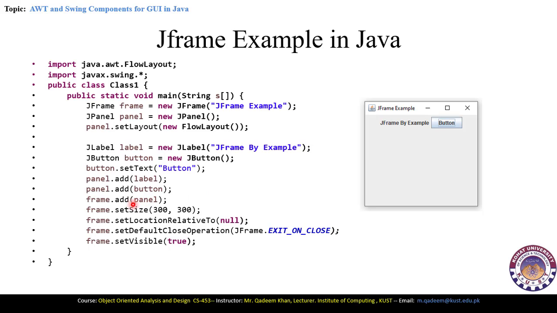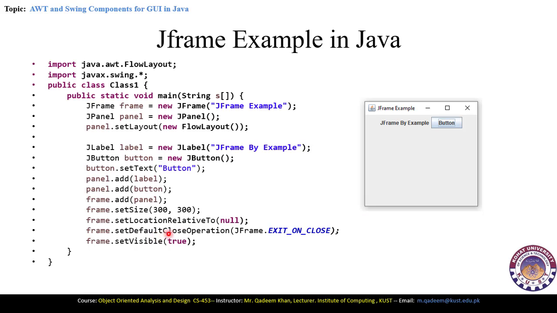When we have added the JPanel inside of the frame, then frame.setSize(300, 300) will set the size of the frame. The first parameter is the x-axis and the second one is the y-axis. So it sets the x-axis pixels from left to right and y-axis pixels from top to bottom.